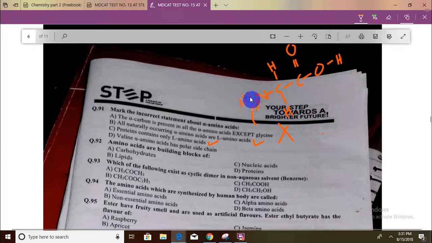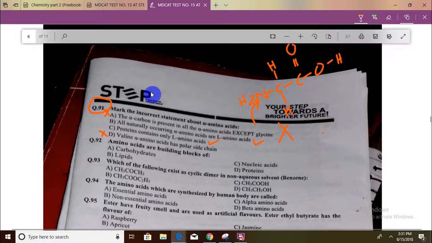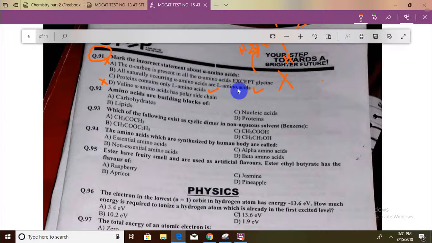So this is most certainly wrong. We talk about valine. Valine has a polar side chain, it doesn't. Again, this is a controversial one. We will revisit this. Amino acids are building blocks of proteins.